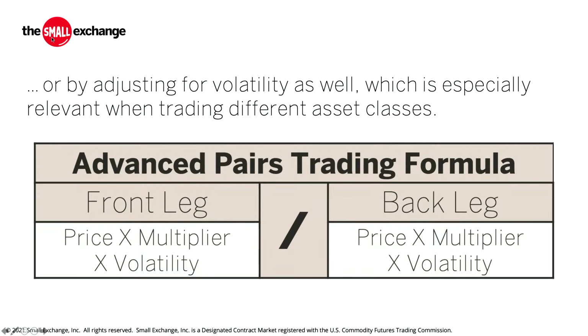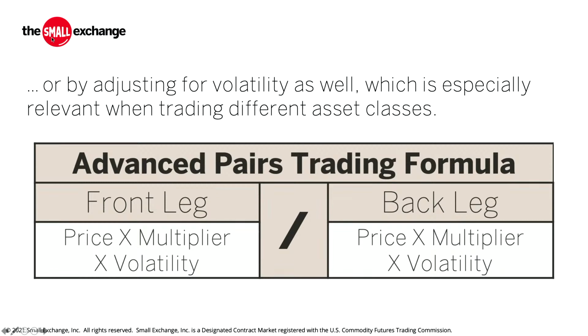So now, in my prior very simple example, the price times the multiplier of the front leg is 1,000. It's worth $1,000, and the volatility of that product is maybe 50% IV. Now my back leg, like we just stated, is $2,000 worth of that product. That's the price times the multiplier. Maybe the volatility of that is 25%. Well, that's perfect, right?